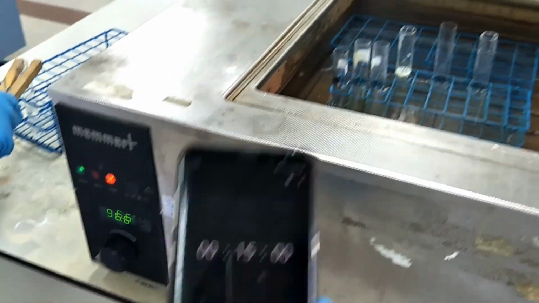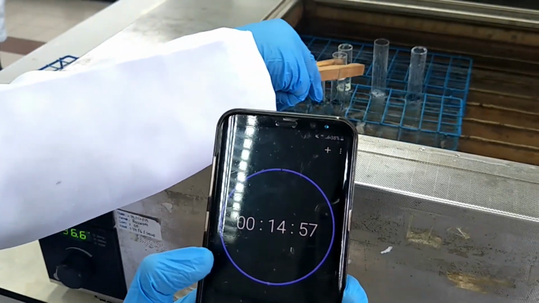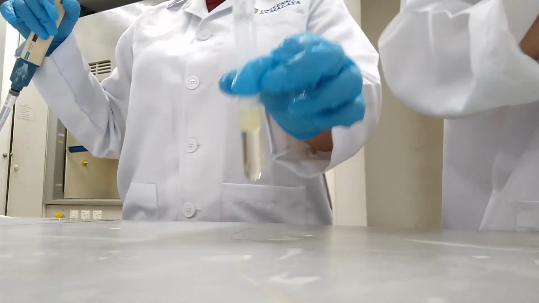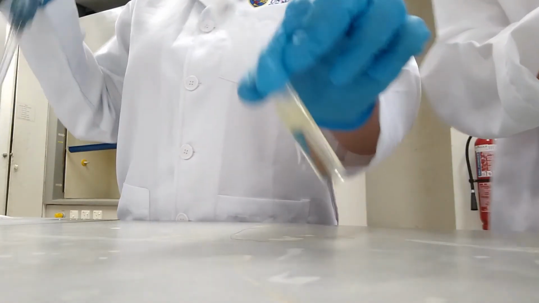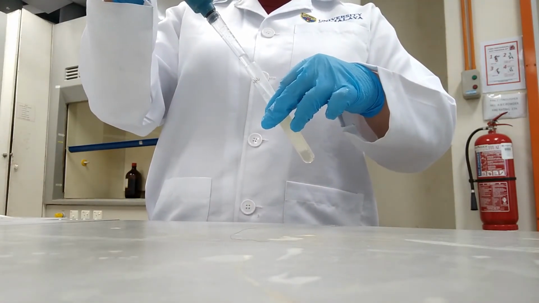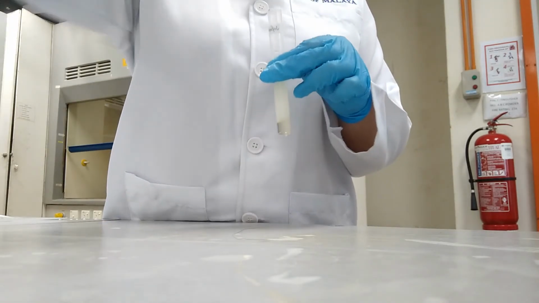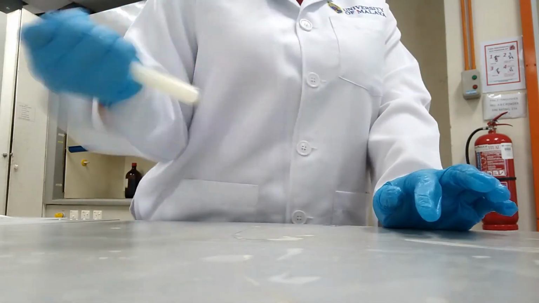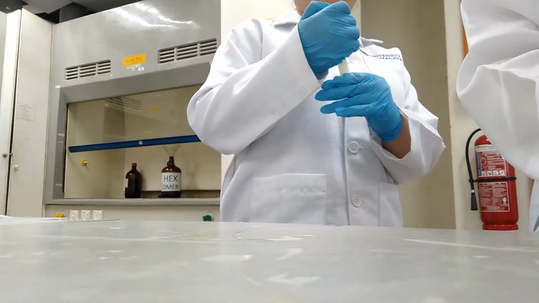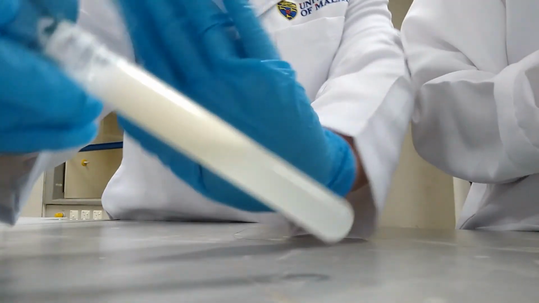The test tube was placed into the boiling water for 15 minutes. After heating, the test tube was cooled down and 5 ml of water was added. The tube was shaken vigorously for 5 seconds. And the degree of saponification was observed and recorded.